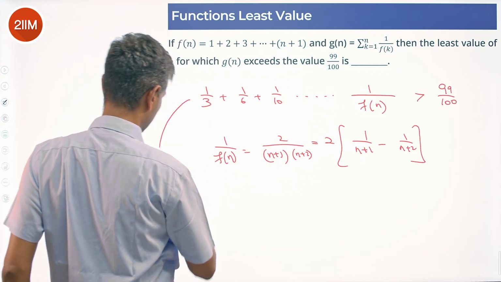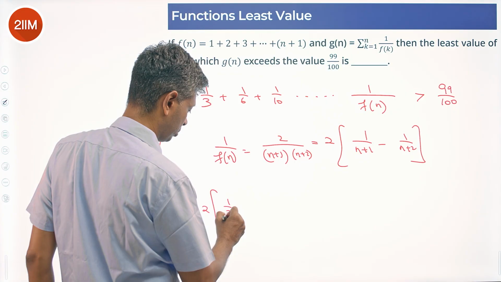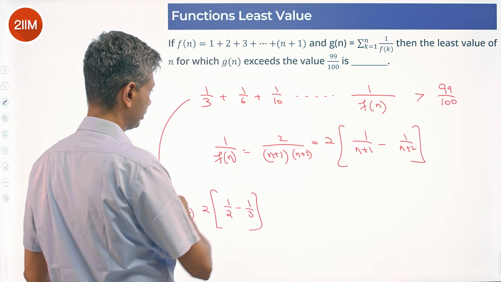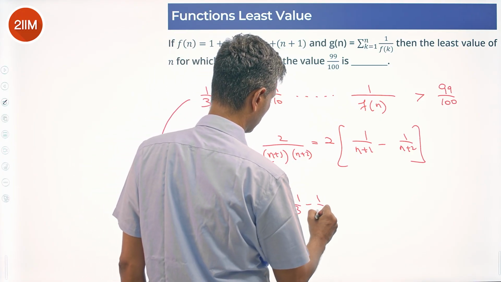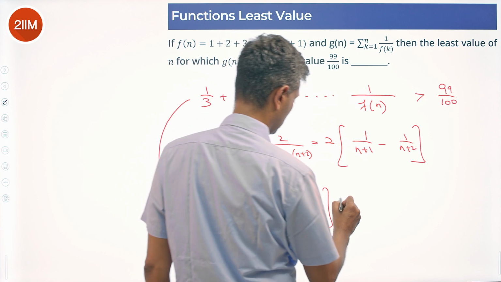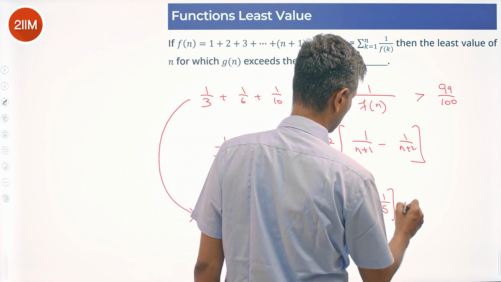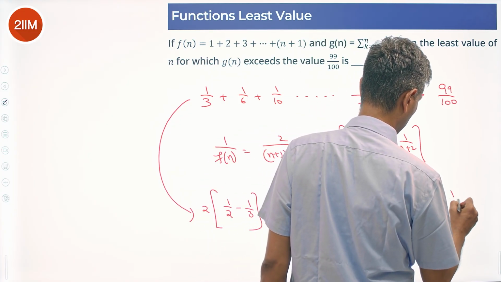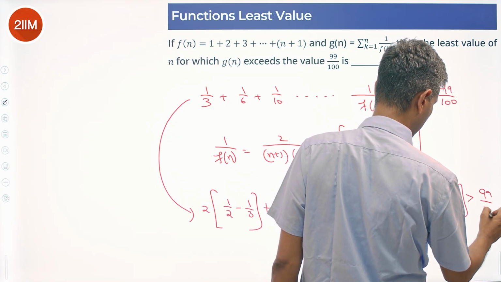So this expression becomes 2 times 1 by 2 minus 1 by 3, plus 2 times 1 by 3 minus 1 by 4, plus 2 times 1 by 4 minus 1 by 5, all the way till 2 times 1 by n plus 1 minus 1 by n plus 2. This is greater than 99 by 100.